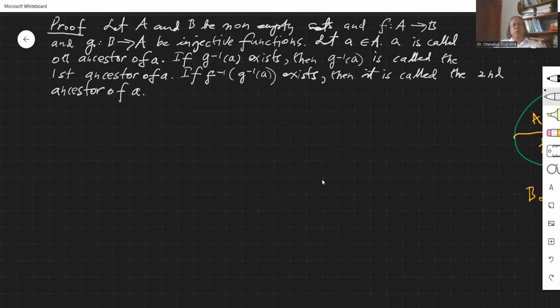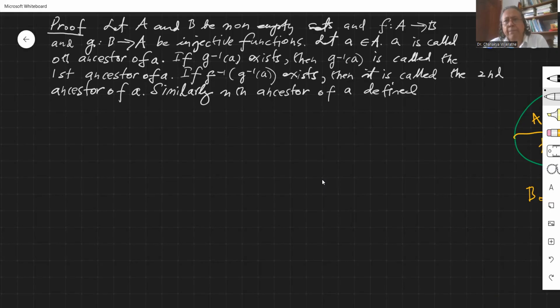Similarly, the nth ancestor of a is defined for n belonging to Z plus, for n a positive integer.